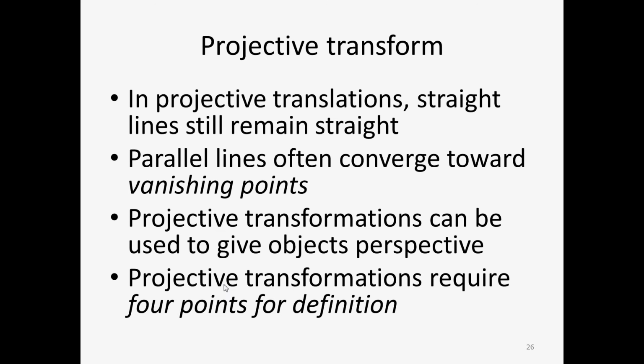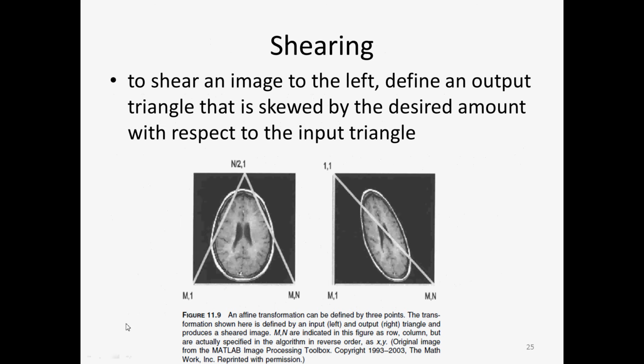The idea is based on the perspective feeling that we have when we look at some very large landscape, where it seems that all the parallel lines converge towards infinity. So using 4 points instead of 3 allows you to decide where the parallel lines need to meet. With an affine transformation, you always define where the parallel lines go.